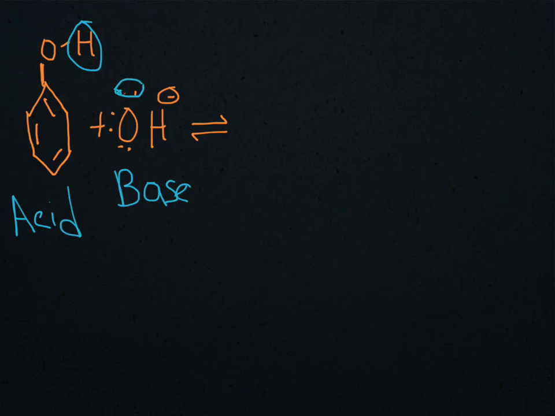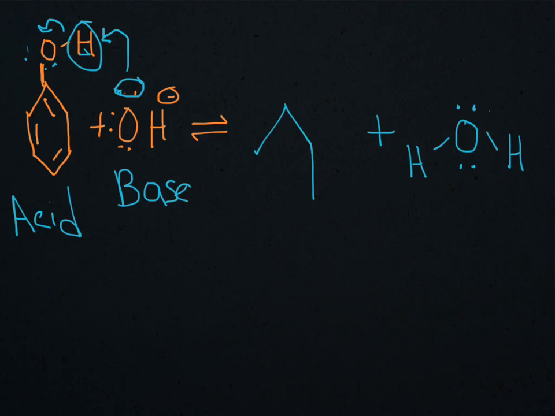Well, these electrons move to the hydrogen and form a bond with it, therefore forming H2O right here. And these electrons in the bond between the oxygen and the hydrogen will be moving back to the oxygen, and this will be seen in the products as the following.